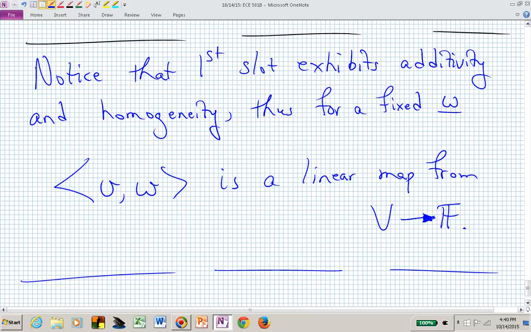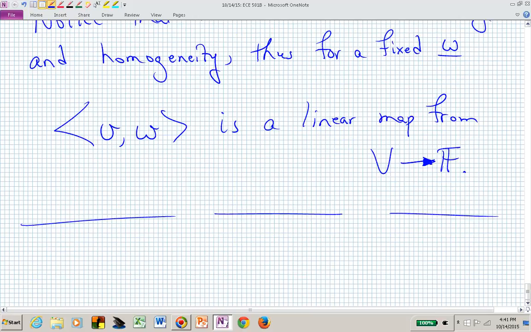We just need to select a w. And we will maybe use this to our benefit a little bit later. If we need to now have a linear map, we can now use an inner product if our vector space has an inner product on it.